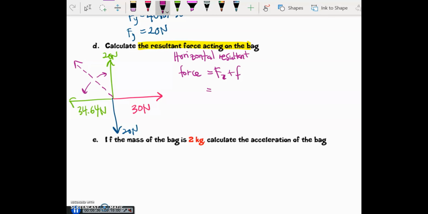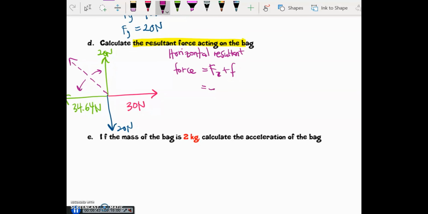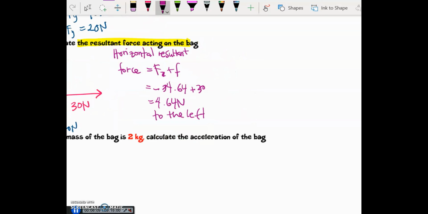So Fx that you have found just now is 34.64, but bear in mind that the direction is to the left, so you have to include negative 34.64 Newton plus 30 Newton frictional force, and you will get 4.64 Newton to the left. Okay, so you may get a negative number, but that's okay. You can write it as 4.64 Newton to the left.